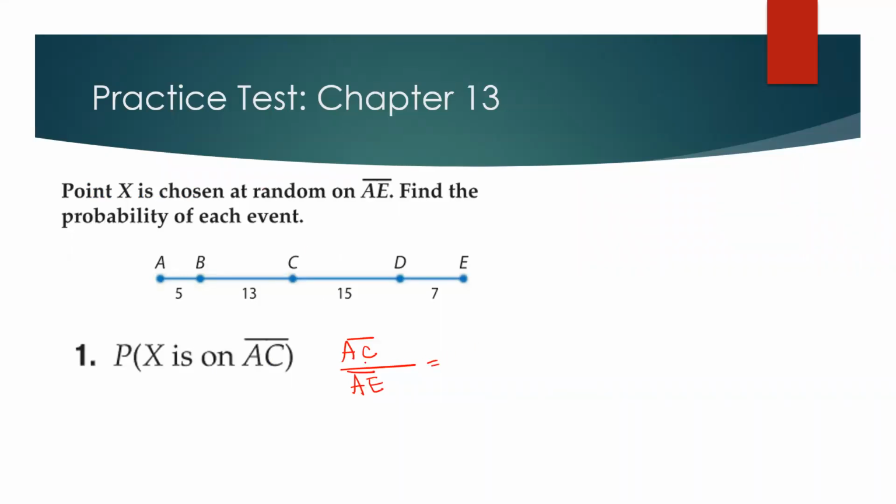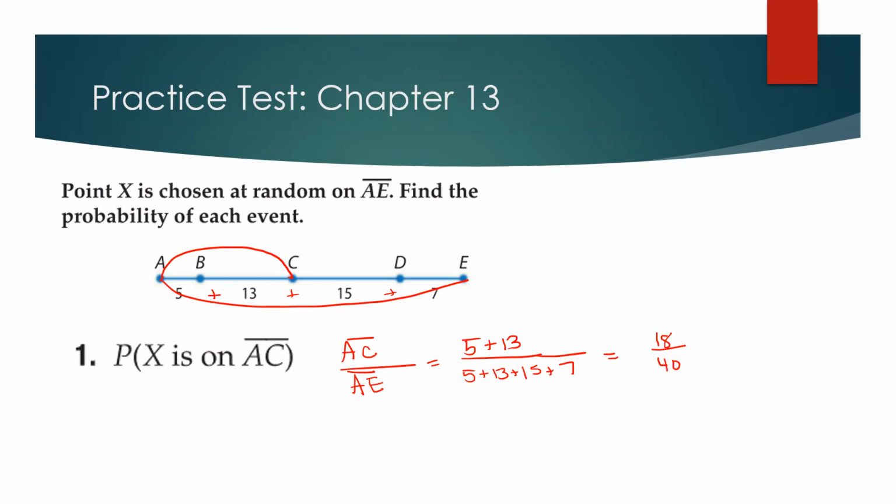AC is from here to here, so that's 5 plus 13. The whole segment A to E would be all of these together, so it'd be 5 plus 13 plus 15 plus 7. 5 plus 13 is 18, and 5 plus 13 plus 15 plus 7 would be 40.